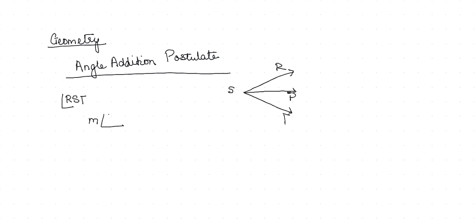So the measure of RST is equal to the measure of RSP plus the measure of PST. This is the angle addition postulate. So this angle is the measure of RSP and this angle is the measure of PST.